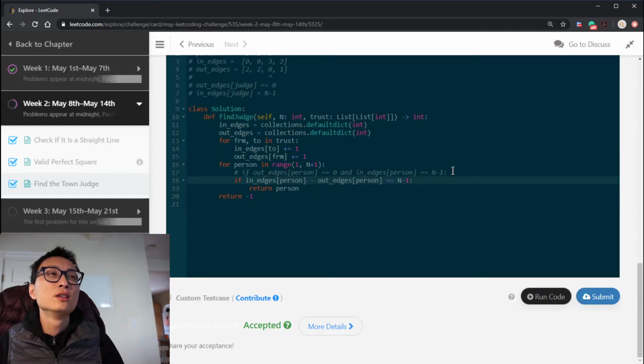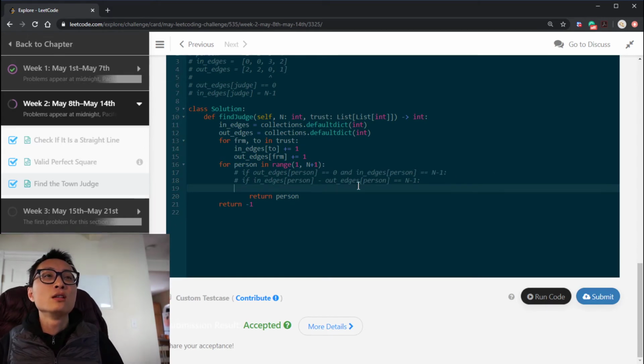That's equivalent to taking the difference of both sides: the in edge of the person minus the out edge of the person should be equal to n-1 minus 0. Just rearranging terms in this mathematical equation, so it should be equivalent. Then another optimization we can do is to consolidate these two hash maps into one. Or if you use an array of size n, you can consolidate the two arrays into one as well.